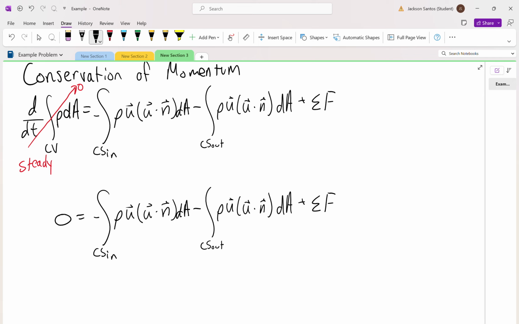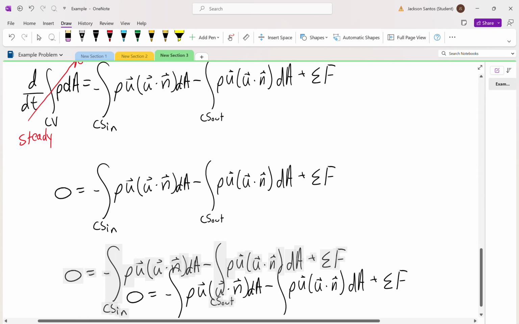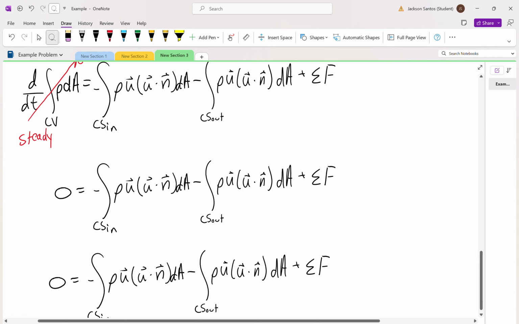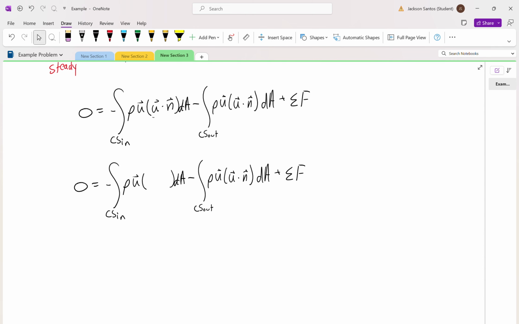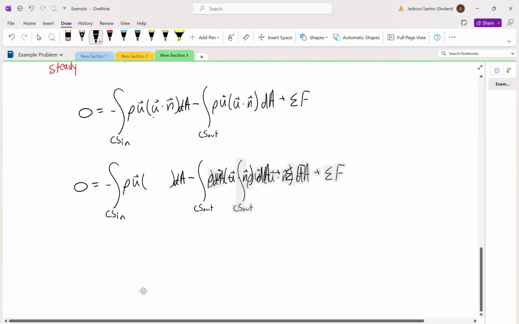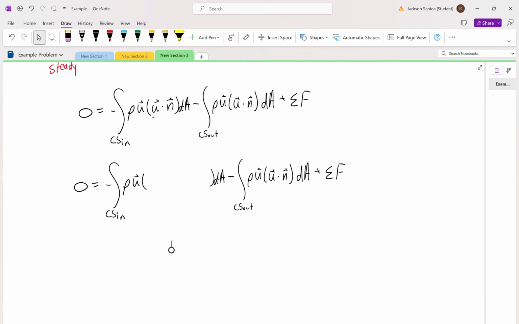And then from here, we can do the exact same thing again. So to copy it again, we're going to get it here, and we're going to solve for this dot product again, like we did earlier in the conservation of mass. So to erase these, we'll pull this over here, and this one as well.